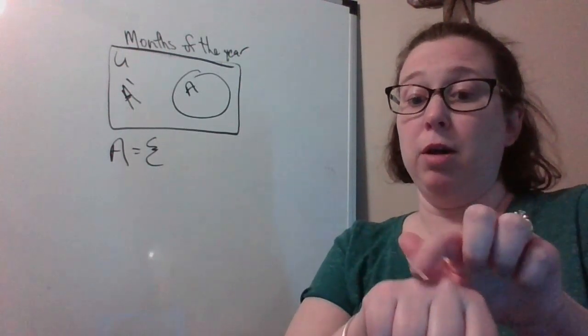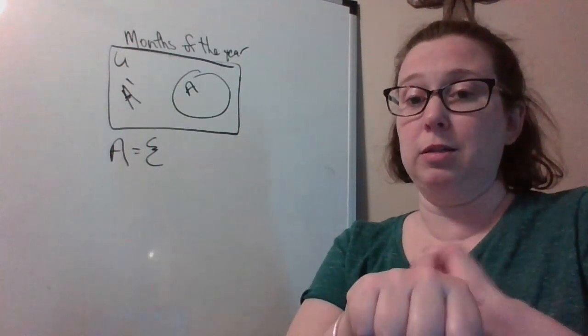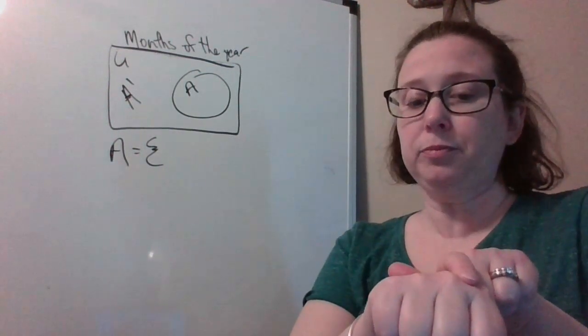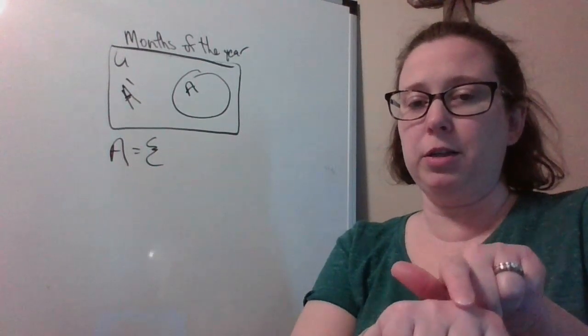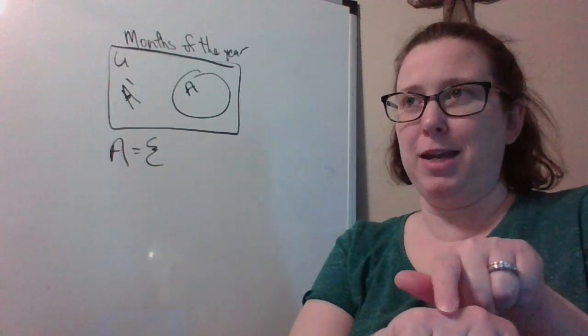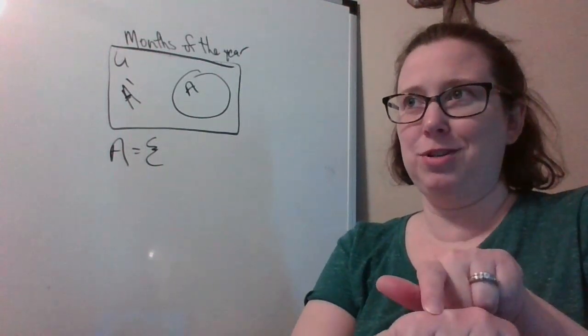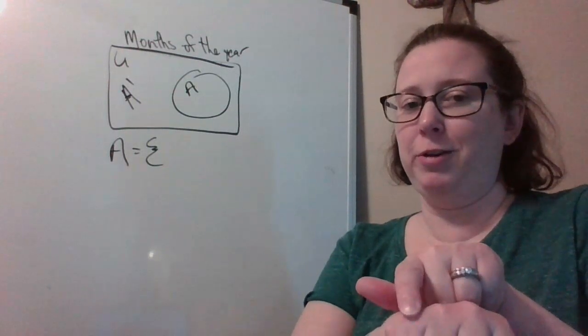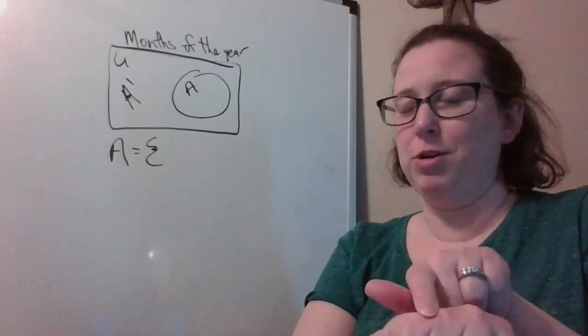So your knuckle months are the ones with 31 days. So January has 31, February does not. March has 31, April does not. May has 31, June does not. July and August both have 31. September does not.